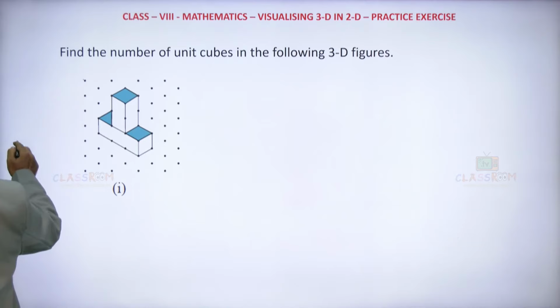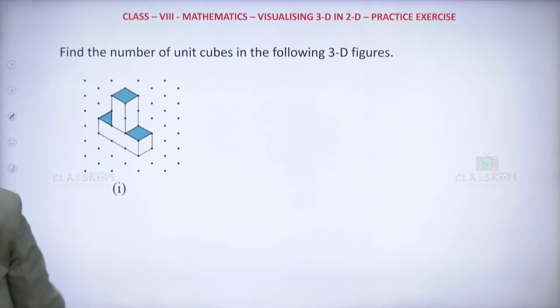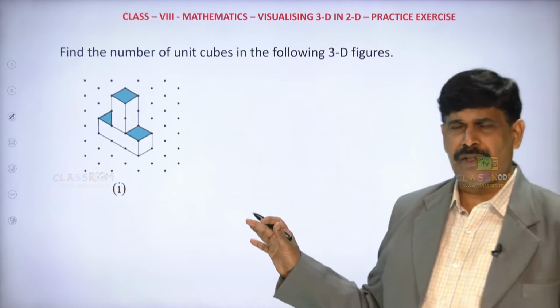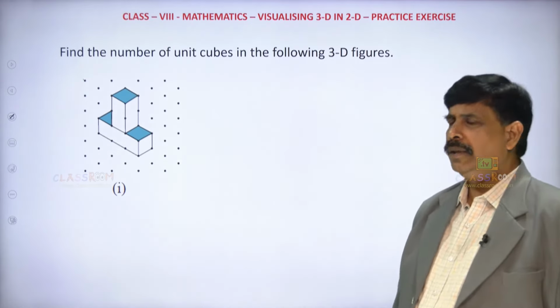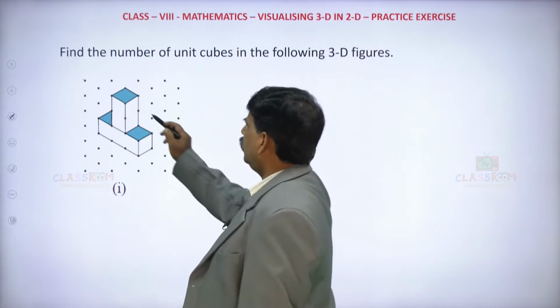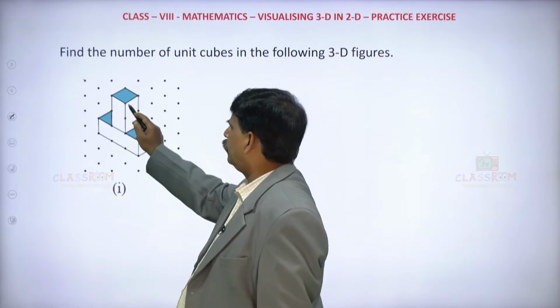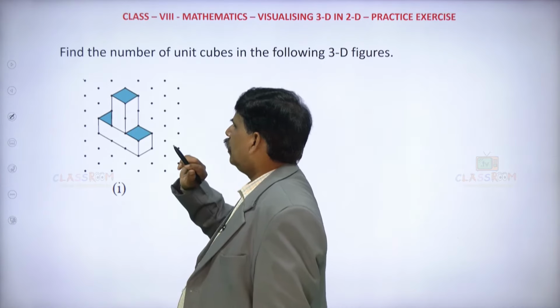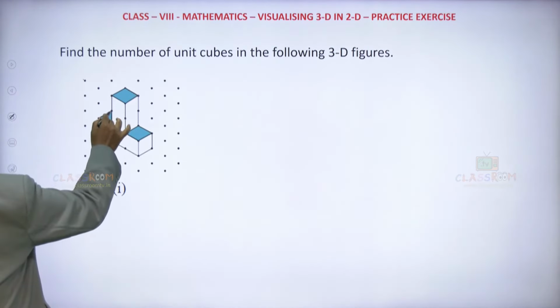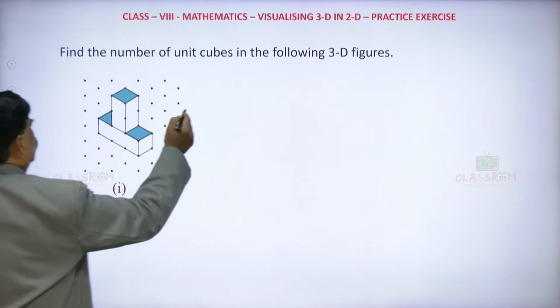Find the number of unit cubes in the following 3D figures. So we have to say how many unit cubes are there in this. So how many unit cubes are here? Let us see. This is 1. Okay. This is 1, 1. 2 here.